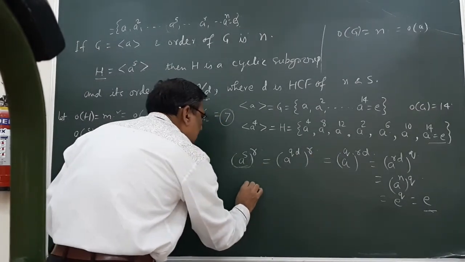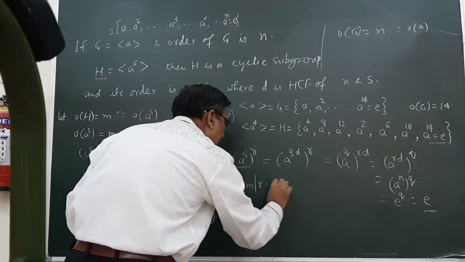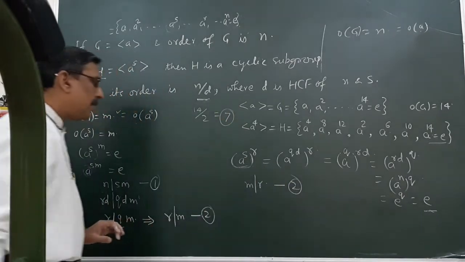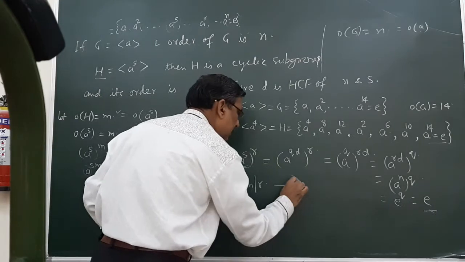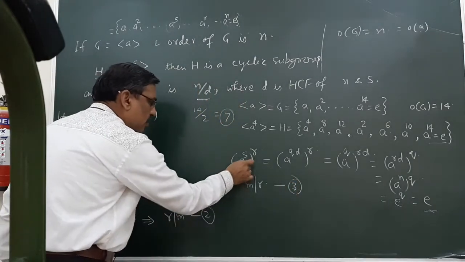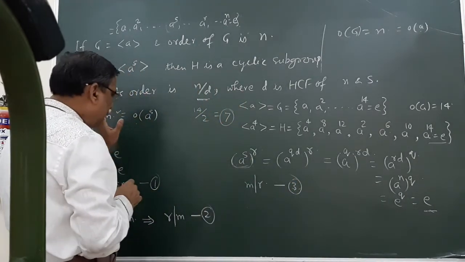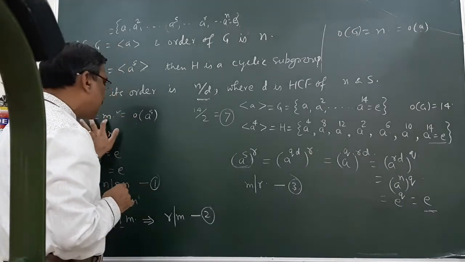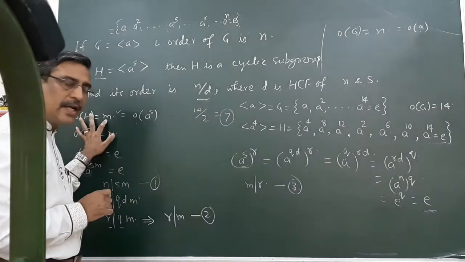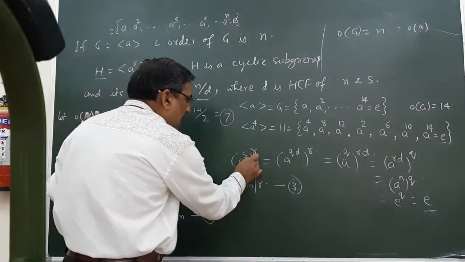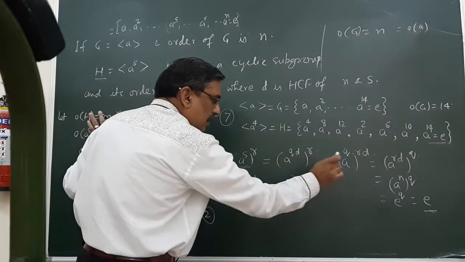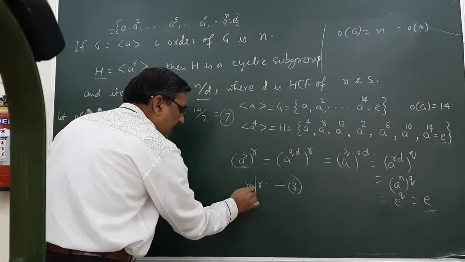So this means N divides R. This is the third result. A raised to the power S has order N, and raised to the power R gives us identity. Therefore, N divides R.